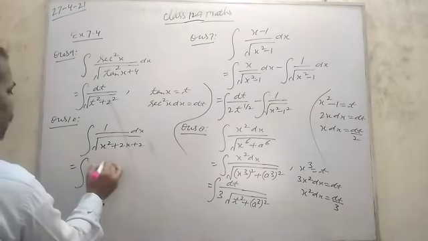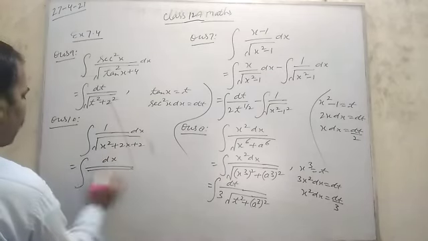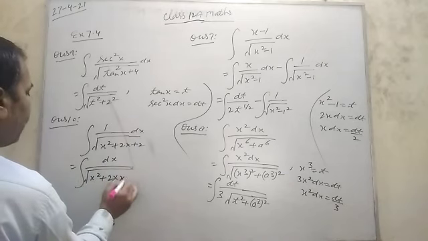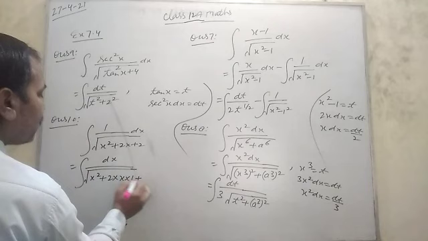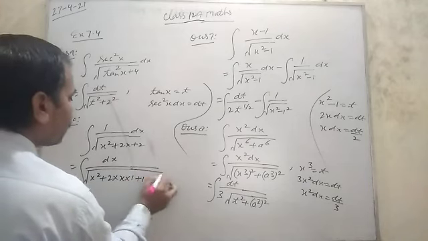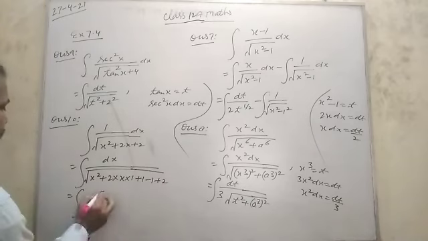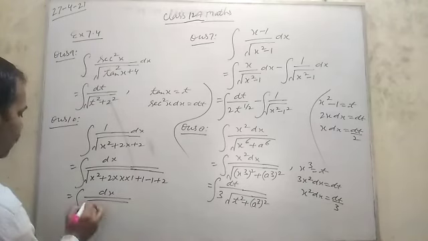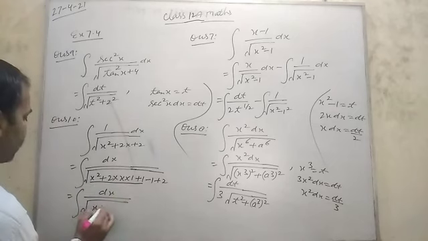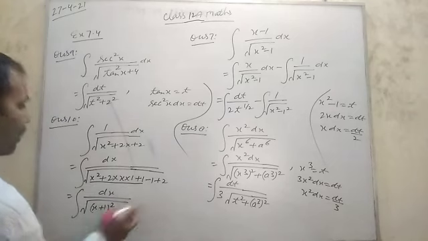So completing perfect square method. So a square plus 2a into b, so there square you add and subtract and then plus 2. Okay. So dx upon under root, in place of this we can write x plus 1 whole square.